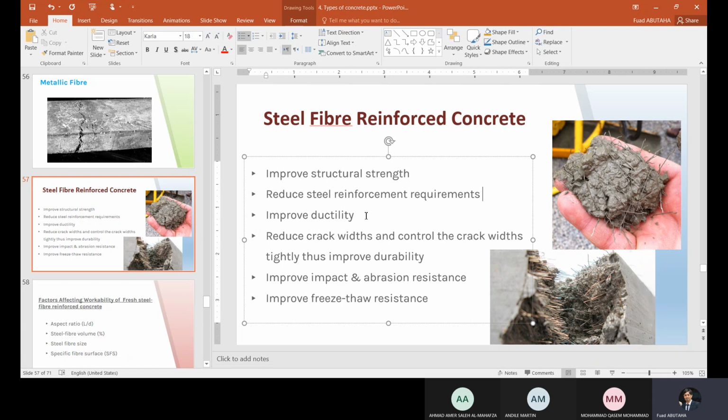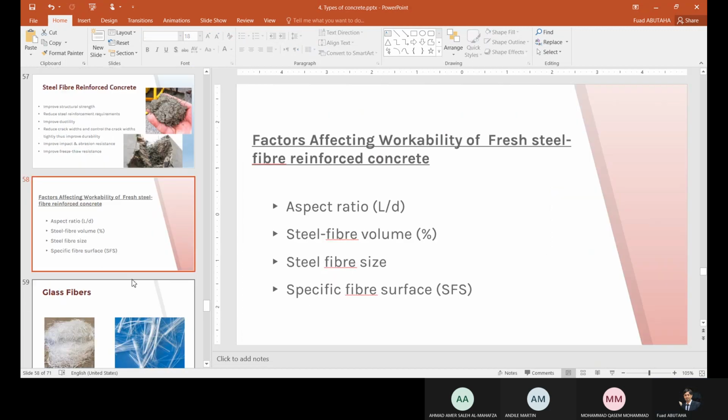It improves the ductility of the failure and converts the concrete from brittle behavior to ductile behavior. It reduces cracks, improves the abrasion resistance, and also improves the freeze-thaw resistance.